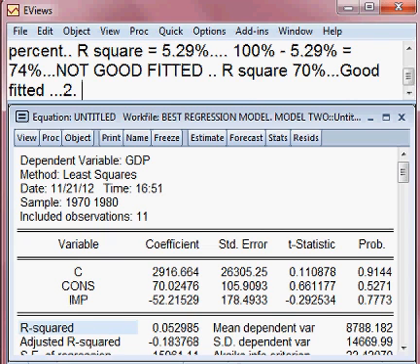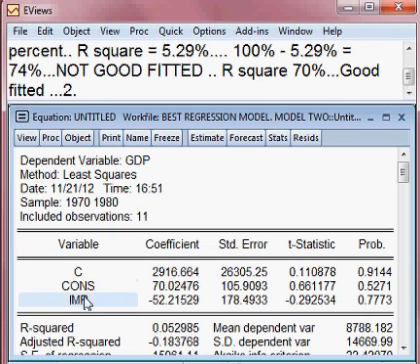Okay, the second criteria of a good regression model is that most of the independent variables should be significant. That means we have two variables here, consumption and import.